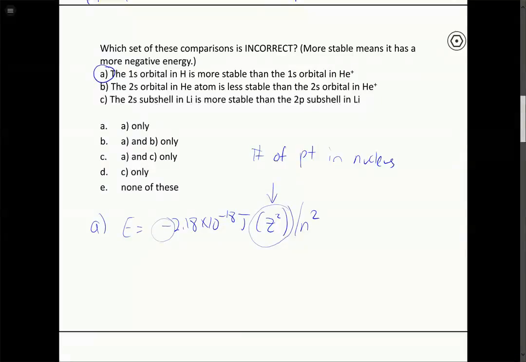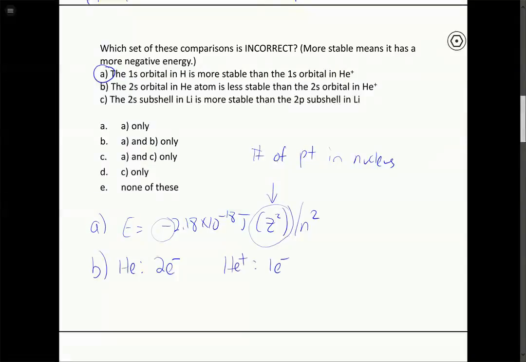So if we look at choice B, the 2s orbital in helium is less stable than the 2s orbital in helium plus. So this one we don't have a simple equation to compare, but the difference between helium and helium plus is that we have the same number of protons, but different numbers of electrons. Helium has 2 electrons, helium plus only has 1 electron left.